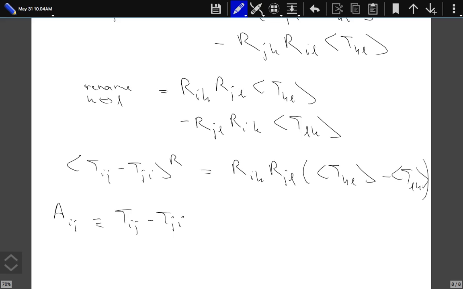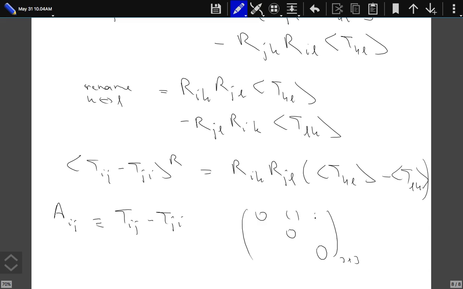How many independent terms does Aij have? You see, i and j take 3 possible values, so I can write this Aij as a 3 by 3 matrix. But it's anti-symmetric. That automatically tells me that the diagonal entries are all 0.